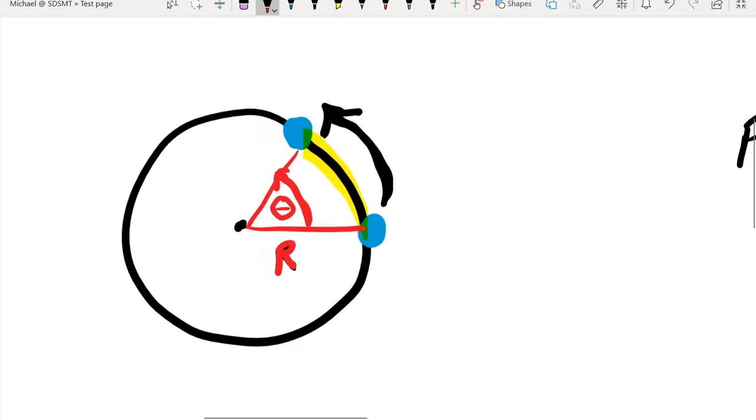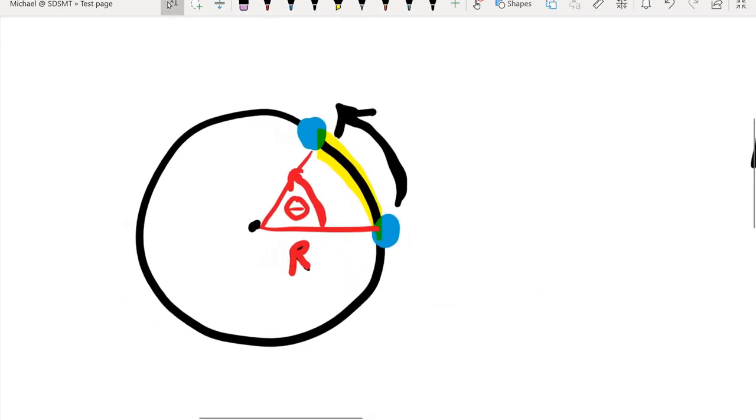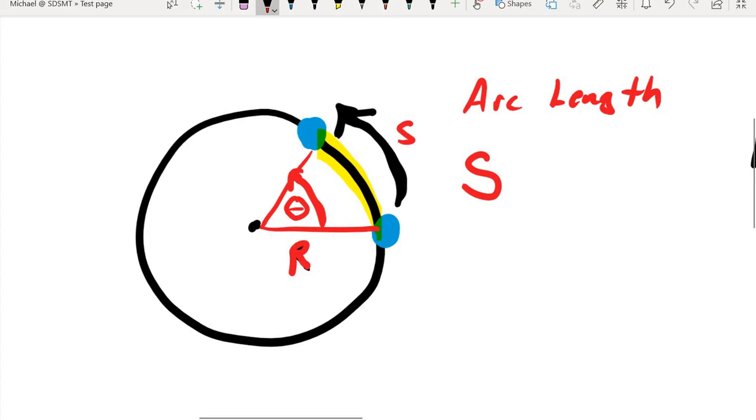In geometry, this relationship is what we would call arc length. And in geometry, arc length is designated as S. So the physical distance along the arc of that circle is S, and it can be described using this expression, which is theta r.